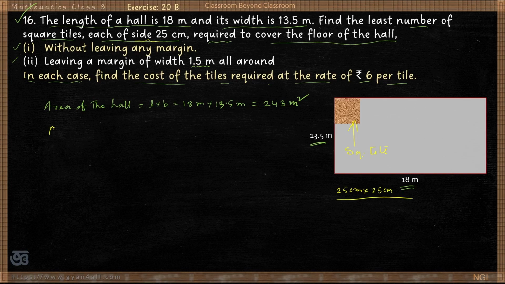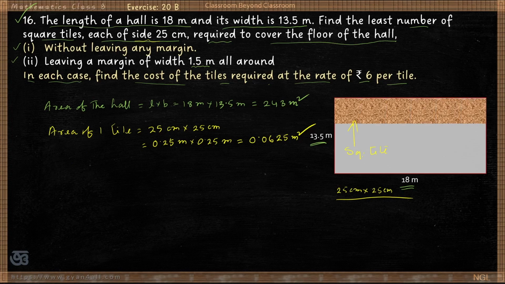So what is the area of one tile? Area of one tile is equal to 25 centimeter multiplied by 25 centimeter. If we convert it to meter, then it is 0.25 meter multiplied by 0.25 meter, and that is equal to 0.0625 meter square.